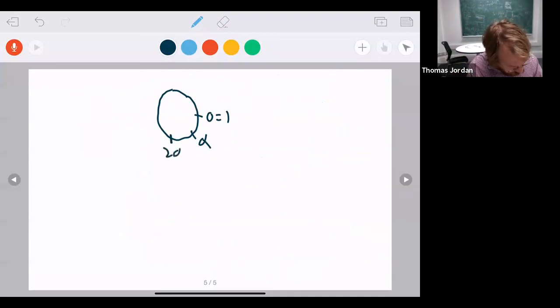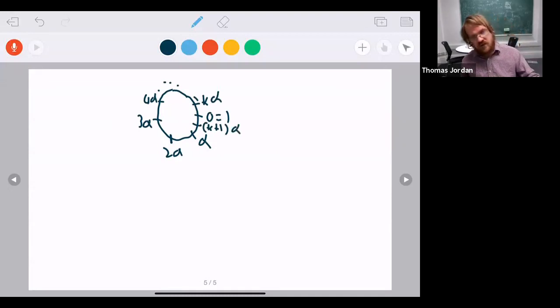So going round to 2 alpha, 3 alpha, 4 alpha, and so on. And eventually we'll come round to the other side of 0. So we have a value k alpha, which occurs before 0, and then k plus 1 alpha, which is back beyond 0. So you don't have to subtract 1 to reduce the value mod 1.